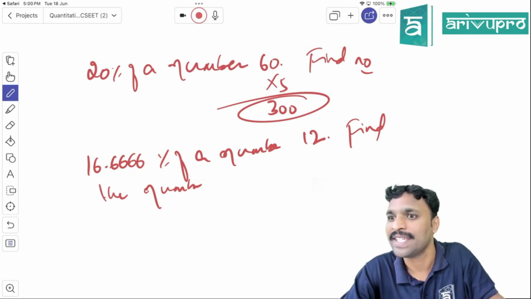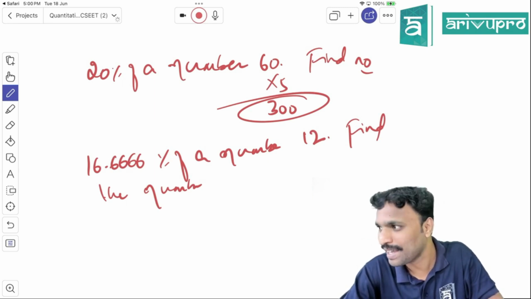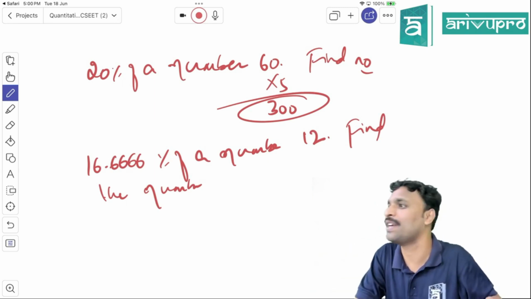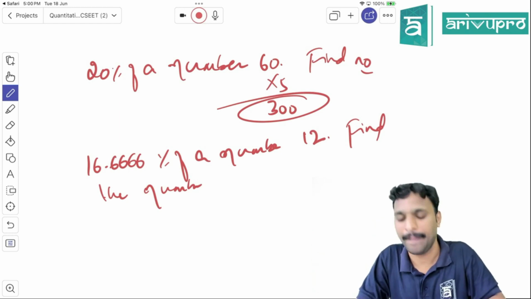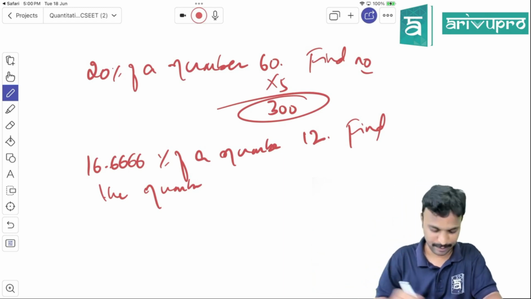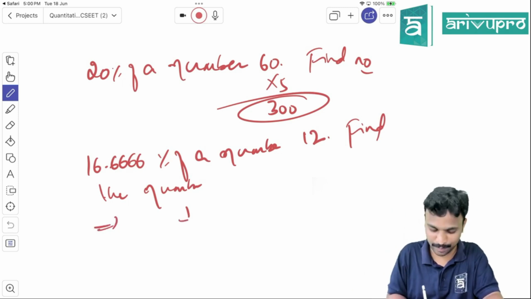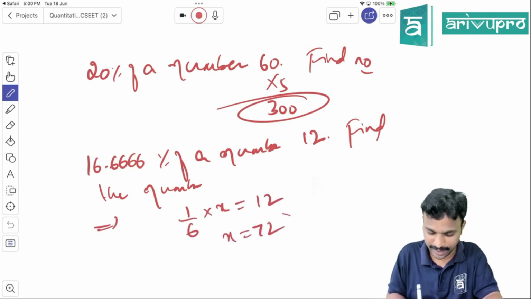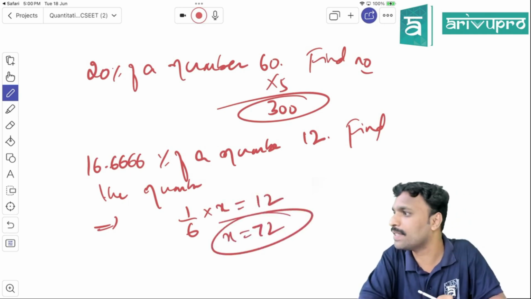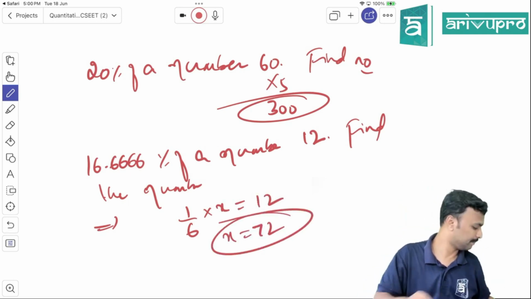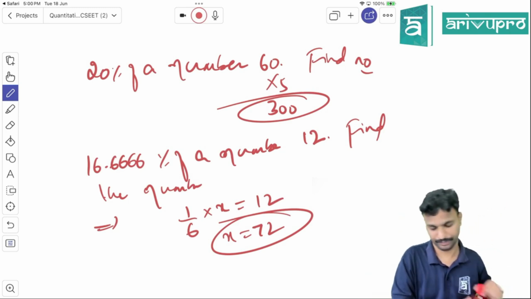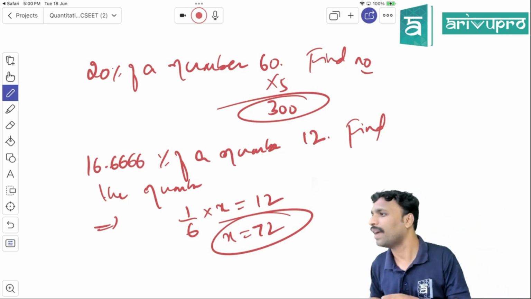What is that? 72. So that is the significance of knowing the fraction and percentage values. So 16.66% of a number means 1 by 6 of x is equal to 12. Therefore, x is equal to 72. Make a note of this. You'll remember. Clear? Are you getting it?